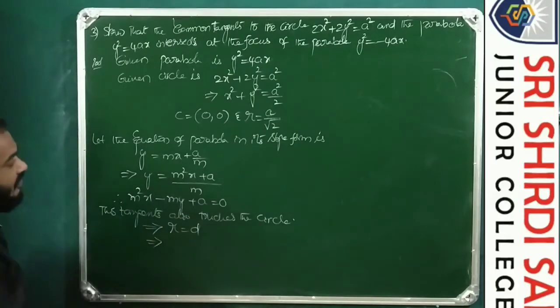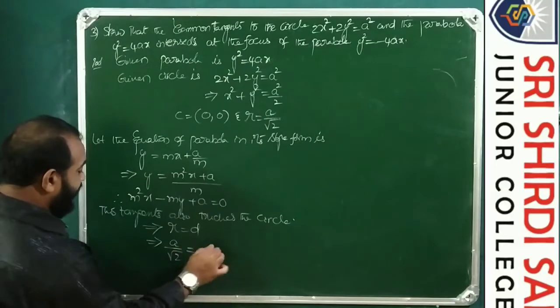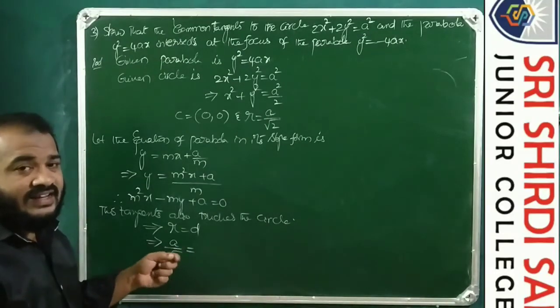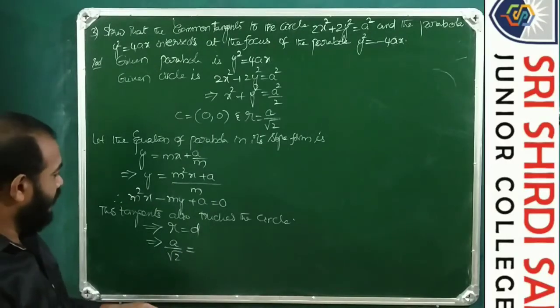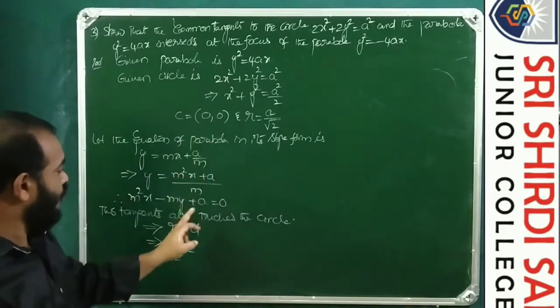So radius a by root 2 is equals to, what is the perpendicular distance from the center of the circle to this line?